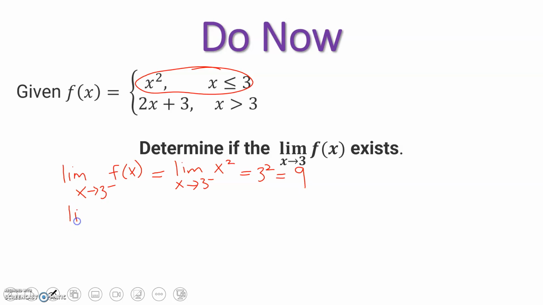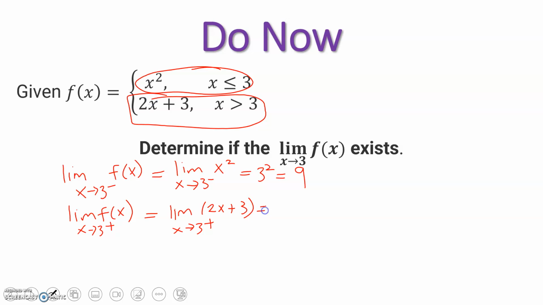Otherwise, we have the limit of f of x as x approaches 3 from the right, which is the limit of 2x plus 3 as x approaches 3 from the right, because this is the piece we're now playing with, and that is 2 times 3 plus 3, which is 6 plus 3, or 9.